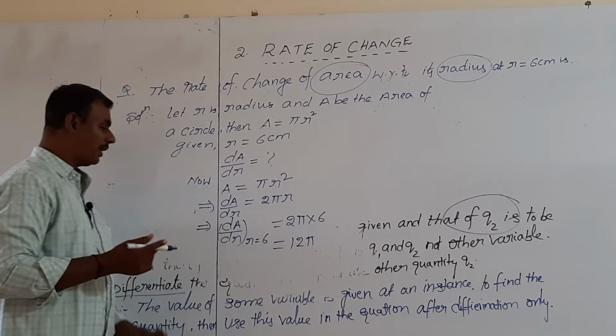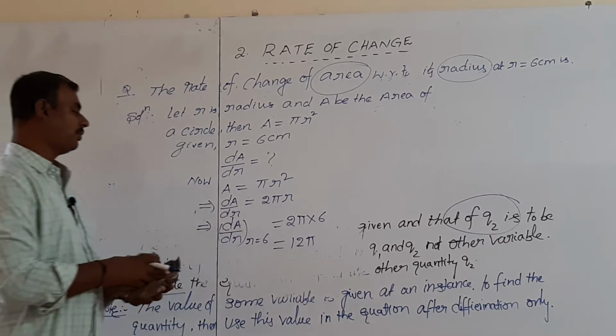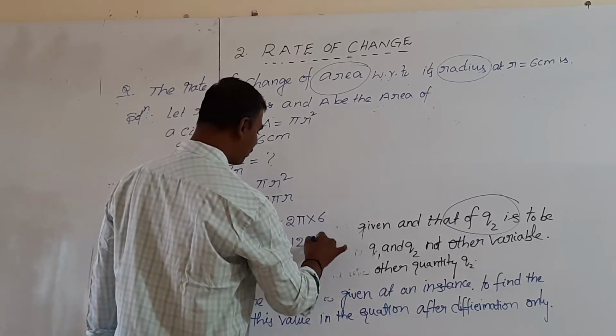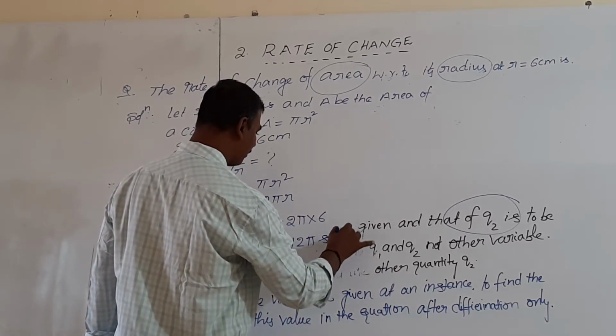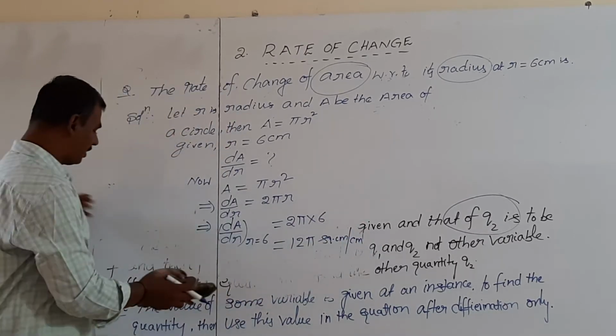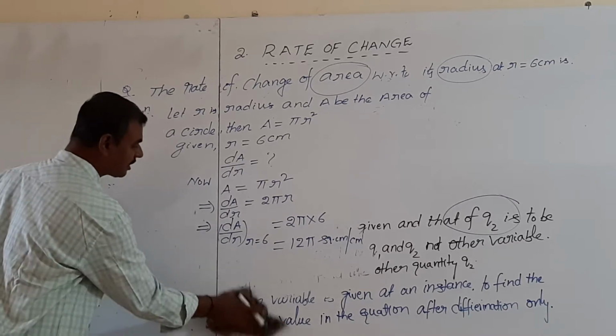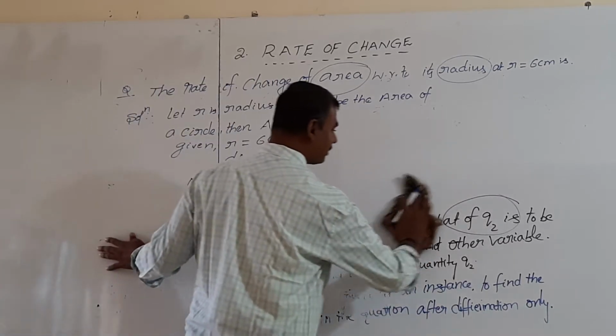We got 12 pi, with area measured in square centimeters for radius measured in centimeters. So this is the rate of change of area with respect to radius.